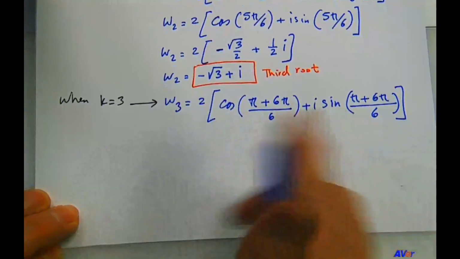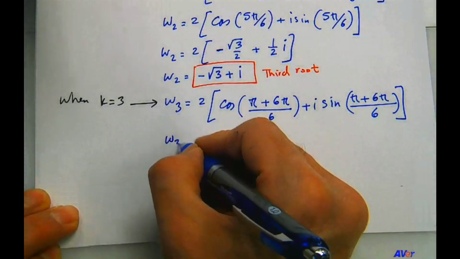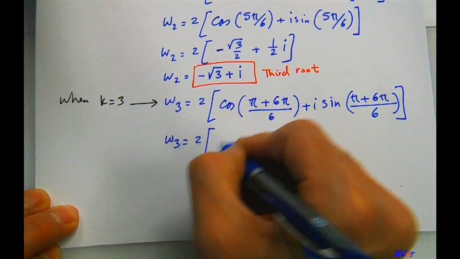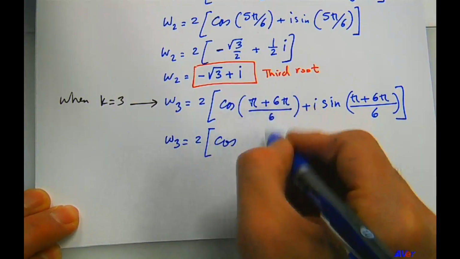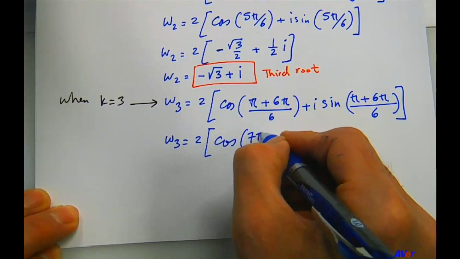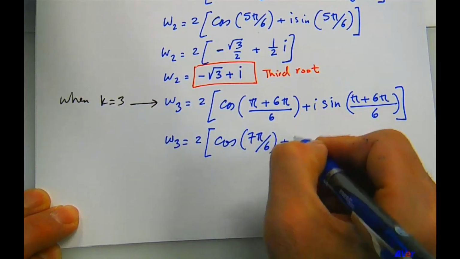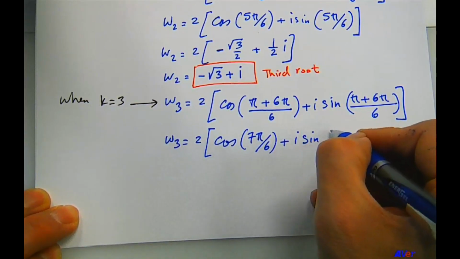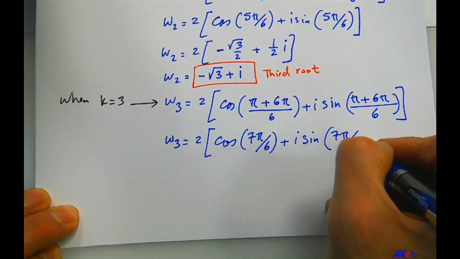Okay, so let's simplify. We have W3 equals 2 times cosine of 7 pi over 6 plus I sine of 7 pi over 6.